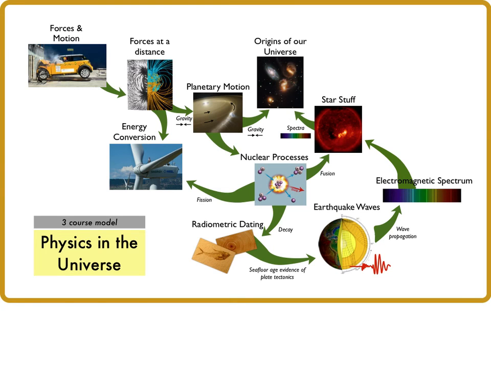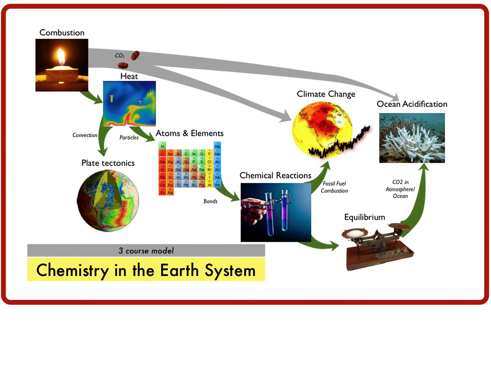The Physics in the Universe course has a variety of different phenomena that are scattered about and unified through the idea of alternative energy. And the Chemistry in the Earth System has a common theme looking at CO2 that ties together many different aspects of the Earth system and chemical systems.